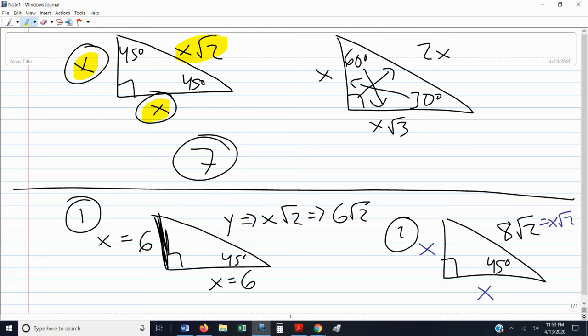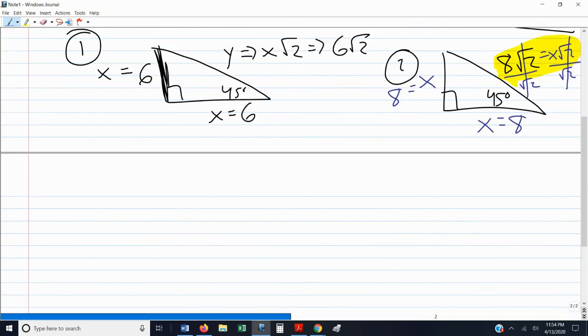So if you look at the hypotenuse here, if x root 2 is equal to 8 root 2, that means that x is equal to 8. You could also look at that as a little equation and solve it by dividing by root 2 if you want, and that also tells you that x is equal to 8. And so both of those legs would be 8 because in the 45, 45, 90, the legs are the same.